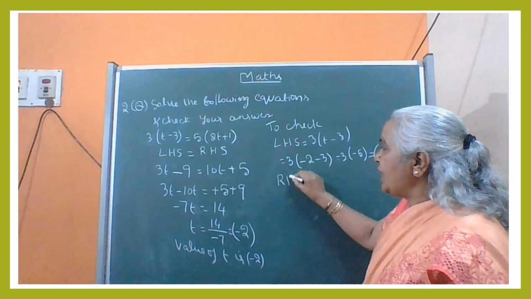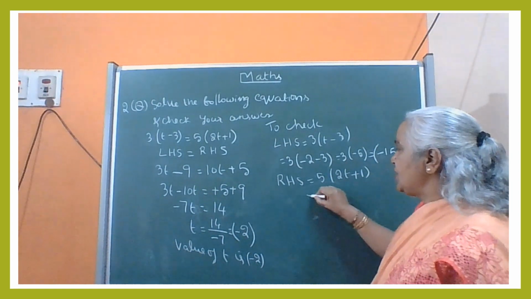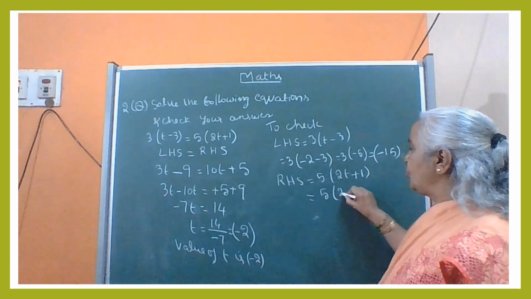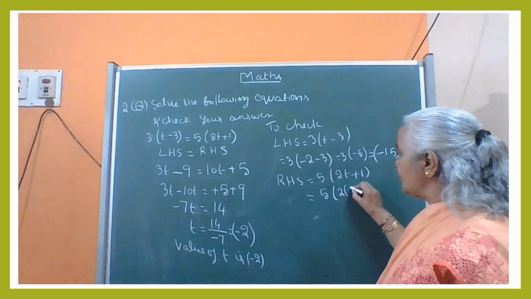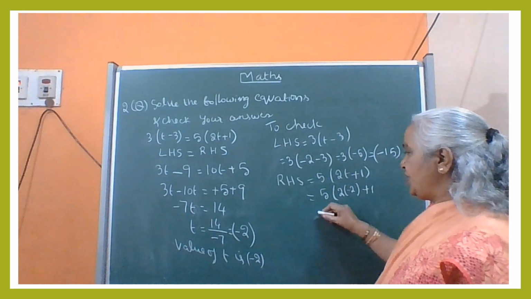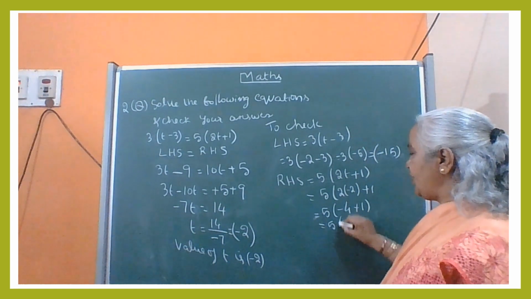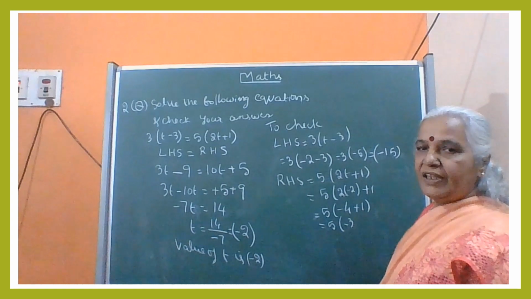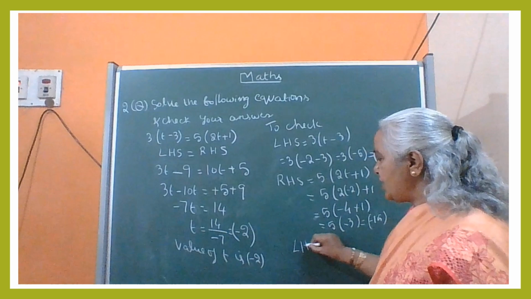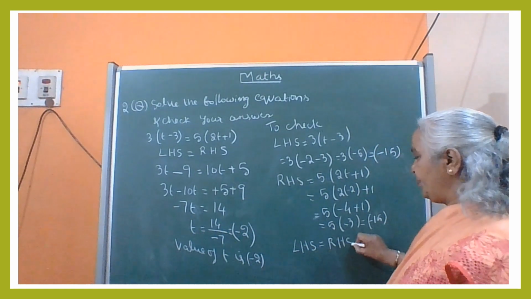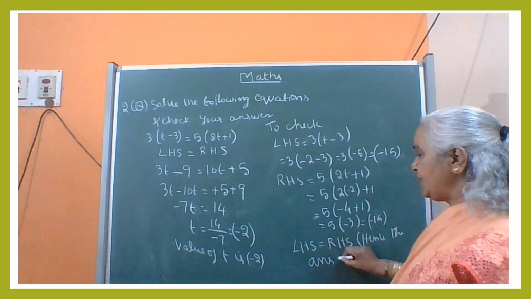And in the right hand side there is 5 into 2t plus 1, which is 5 into 2 and in the place of t you put minus 2, plus 1. It is 5 into minus 4 plus 1, it is 5 into minus 3. Minus 4 and plus 1 is minus 3, so it is equal to minus 15. Left hand side is equal to right hand side. Hence the answer is correct.